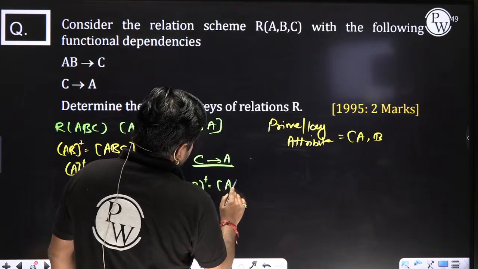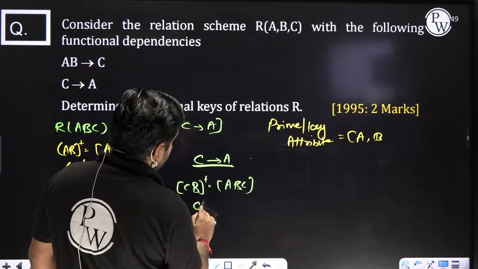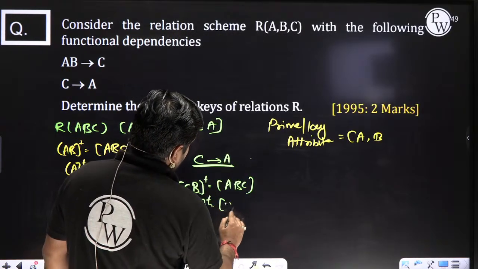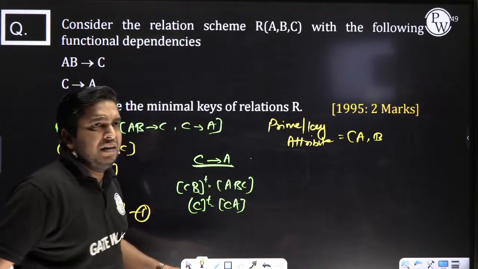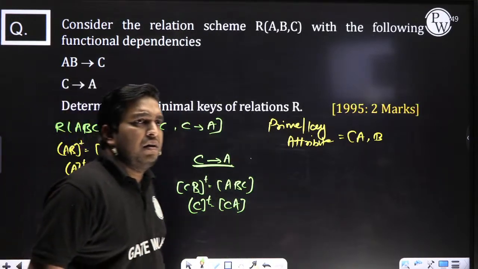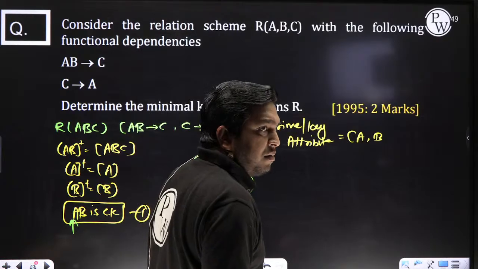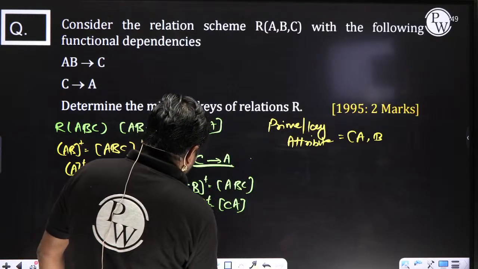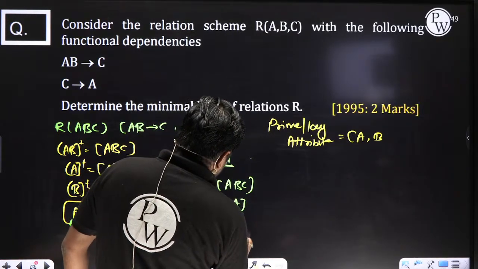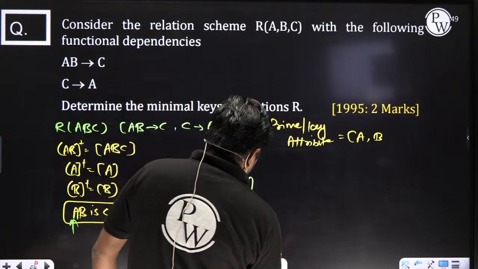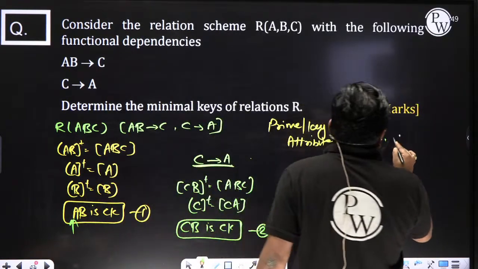We can't tell directly unless we take the clue. Clear, bacha? Yes, very good. He is a candidate key. So here the prime attributes are A, B, C.